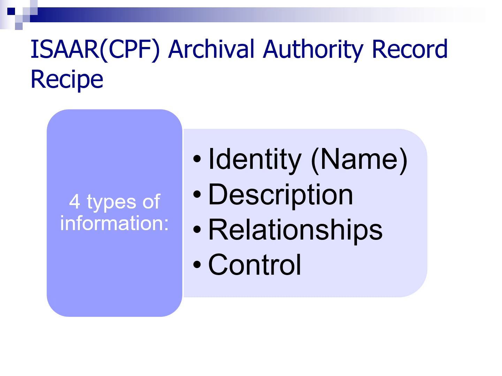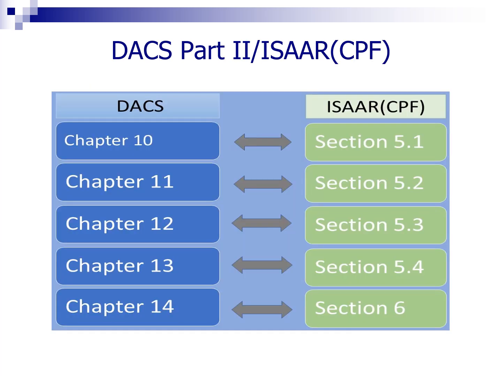Not only does DACS Part 2 echo this, but it aligns its chapters directly with Sections 5 and 6 of ISAR-CPF. DACS Part 2, Chapter 10 aligns with ISAR-CPF, Section 5.1. Chapter 11 aligns with ISAR-CPF, Section 5.2, and so forth.